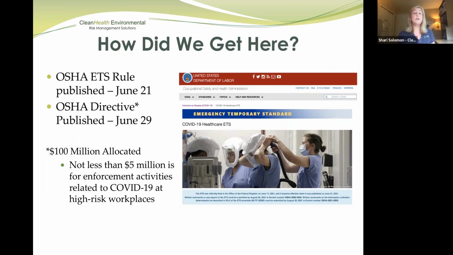And then, as I just shared, a directive from OSHA as to how to enforce this new emergency temporary standard was published on June 29th. As we see, there's a significant amount of money being allocated towards this enforcement, recognizing that employers are going to need to take a more robust role in protecting their workers.